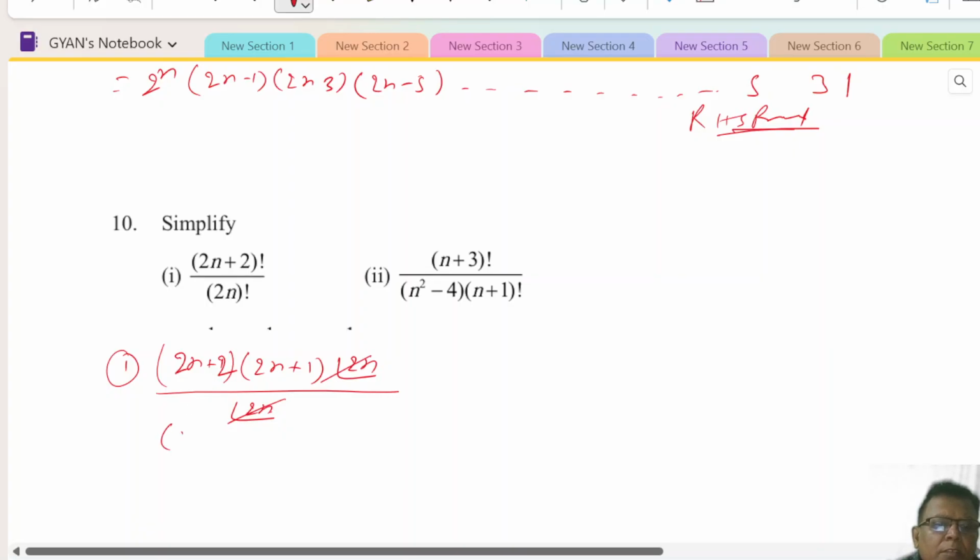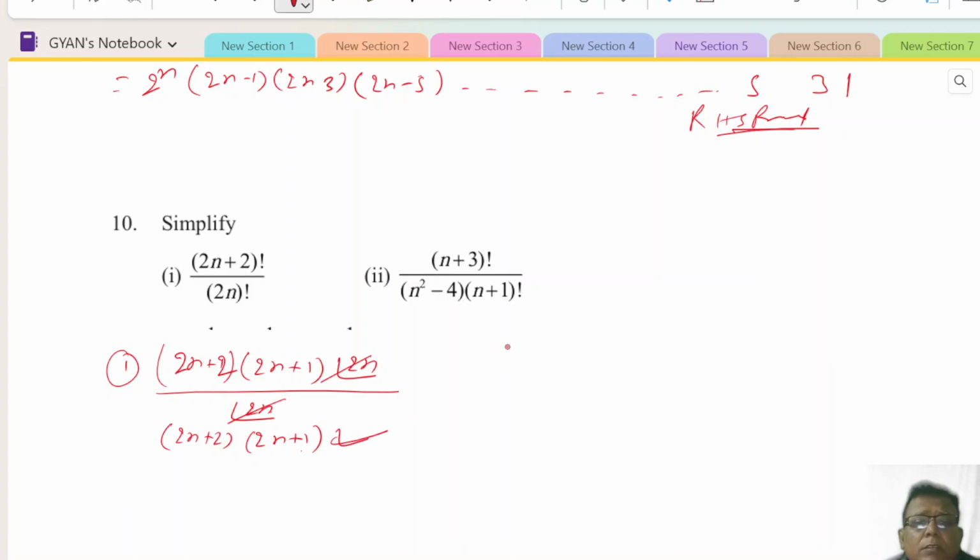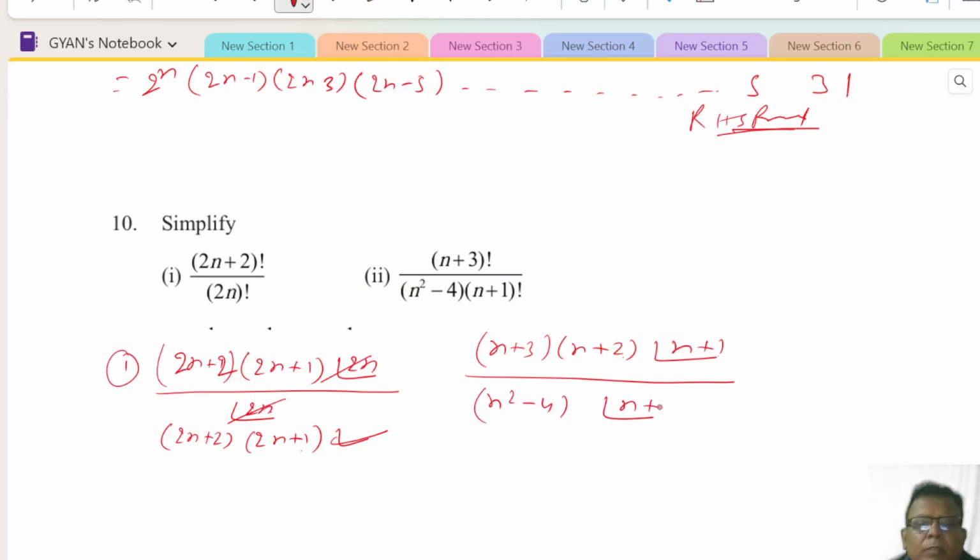So this will be 2n plus 2 and 2n plus 1. Here factorial n plus 3 into n plus 2 into factorial n plus 1 divided by n square minus 4 into factorial n plus 1.